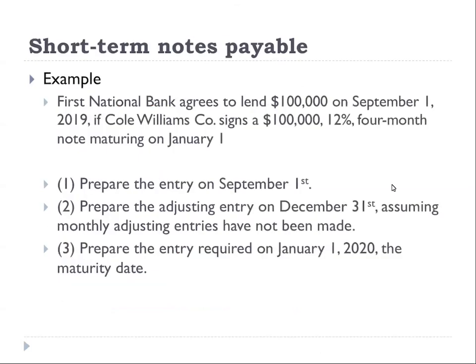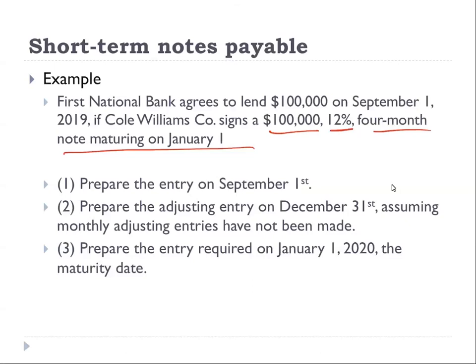So the first major kind of current liability is short-term note payable. And here's an example. Suppose the bank agreed to lend 100,000 on September 1st. The firm signed a 100,000, 12%, 4-month note payable maturing on January 1st.